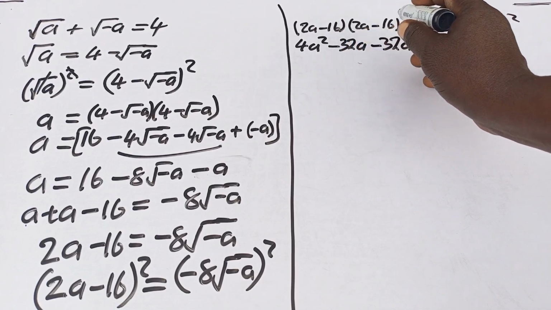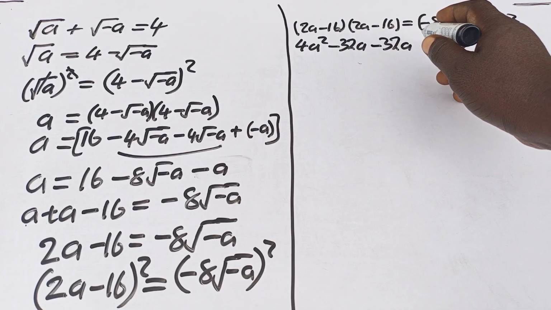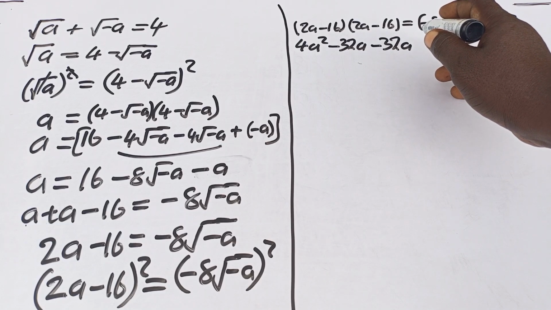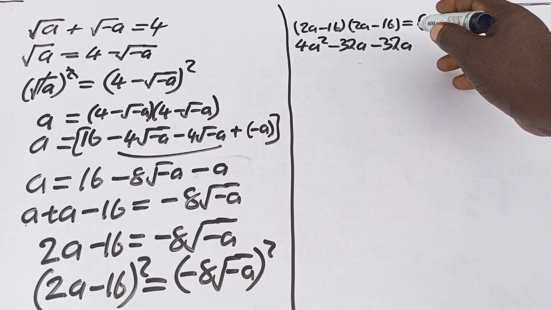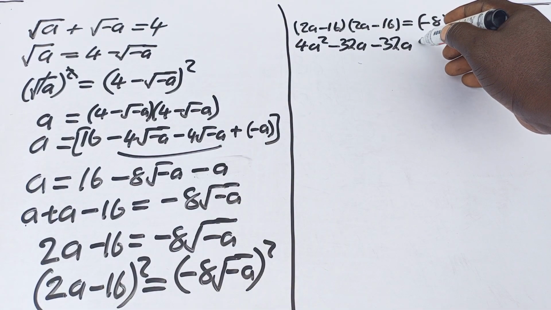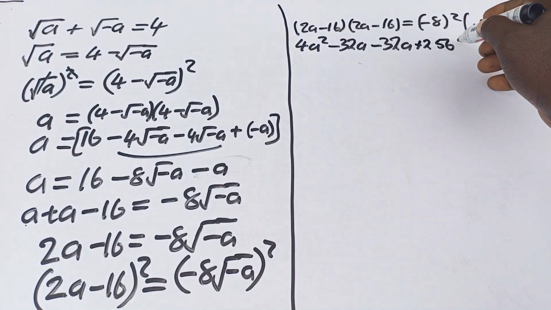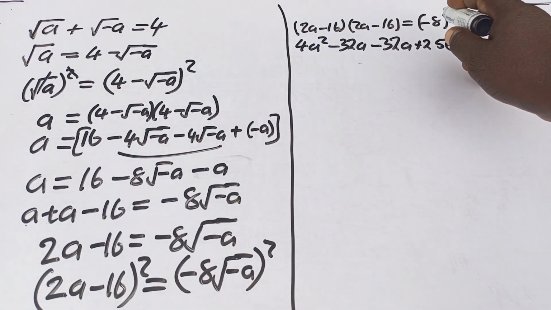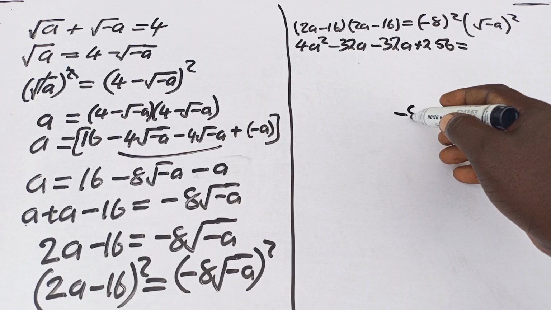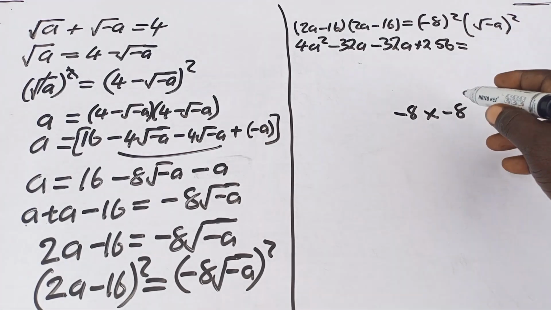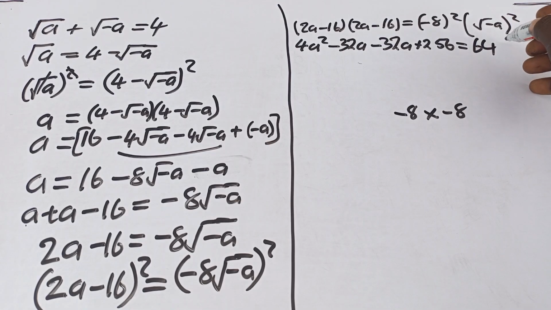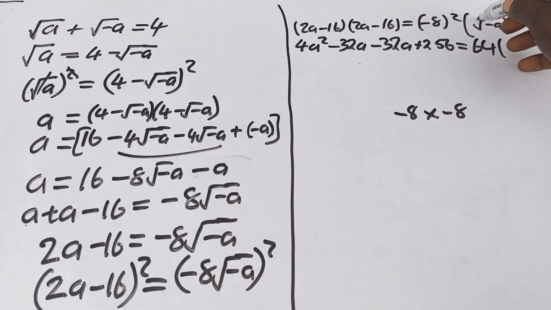And then negative 16 multiplied by negative 16 gives us 256. Coming over here, negative 8 squared means negative 8 multiplied by negative 8. Negative times negative is positive, 8 times 8 is 64. And of course the square here cancels that square root, and then we'll have it multiplied by negative a.